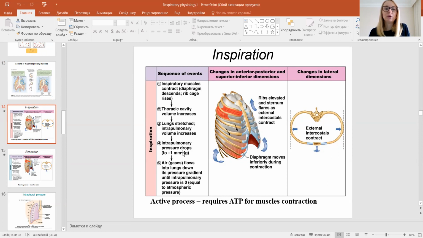Next one, intrapulmonary pressure drops to minus approximately 1 millimeter mercury, and air flows into lungs down its pressure gradient until intrapulmonary pressure is 0, which means equal to atmospheric pressure. All this process is active and requires ATP for muscle contraction.